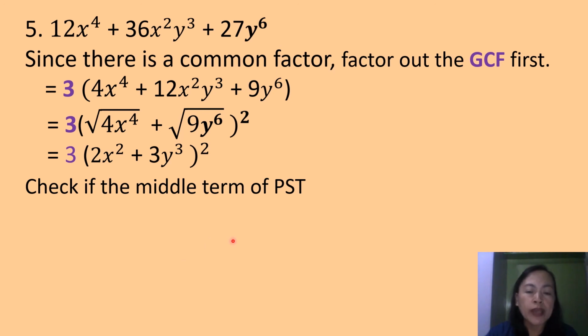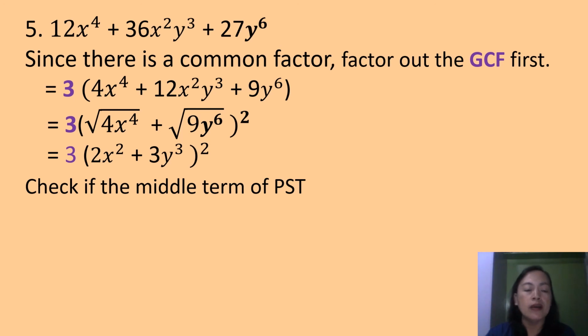So, twice, 2 times the square root of the first term times the square root of the last term. So 2 times 2x squared times 3y cubed is 12x squared y cubed. Yes! So we have checked it.